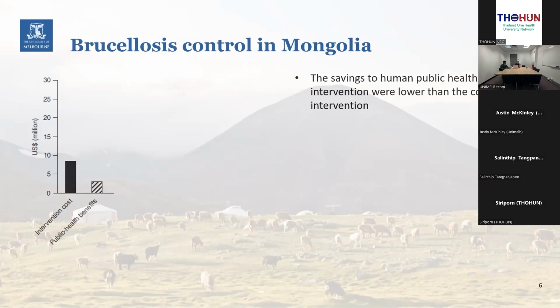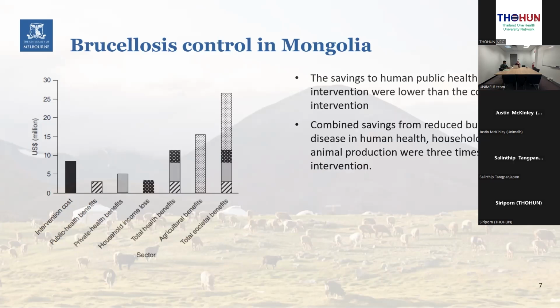But this isn't a very good way of thinking about the problem from a One Health perspective, because it's not just human public health that benefits. There are multiple benefits that come along with controlling brucellosis in the cattle population. So when you combine the savings from the reduced burden of disease in human health, households, and animal production, you see now that this last column, the total societal benefits on the far right, is nearly triple what the cost of the intervention was.